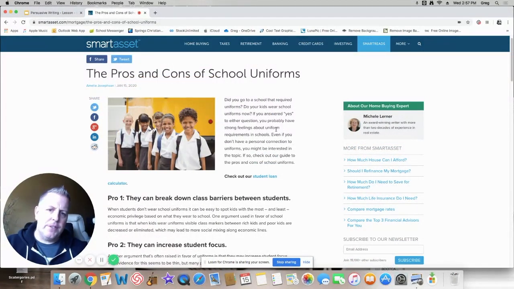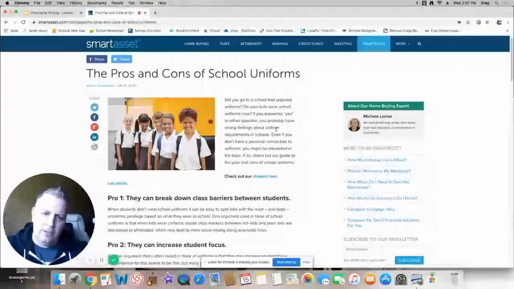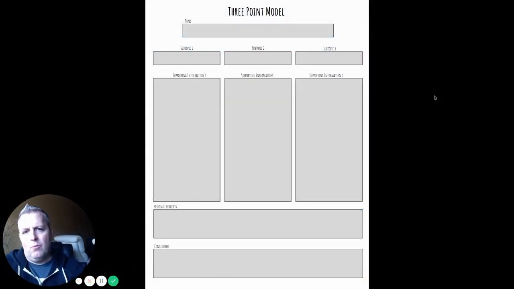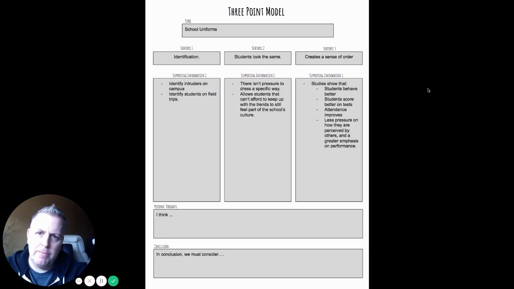And after I've done this research, I will then look over the notes that I've taken and decide what my 3 strongest points are. Those 3 points then will be addressed in the subtopics of my 3-point model. So for school uniforms, I might want to fill this model in the following way.